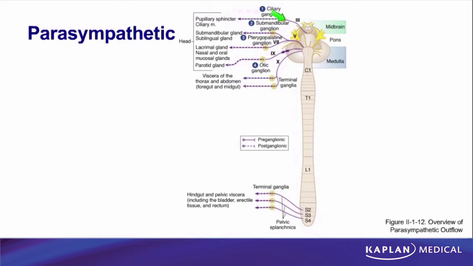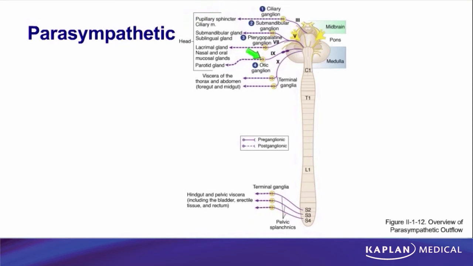For the ciliary ganglion, postganglionics innervate just 2 end organs. The sphincter pupillae for constricting the pupil, and the ciliary muscle for controlling the shape of the lens. 2 different smooth muscles. So that parasympathetic pathway is third nerve to ciliary ganglion to sphincter pupillae and ciliary muscle. That's it.